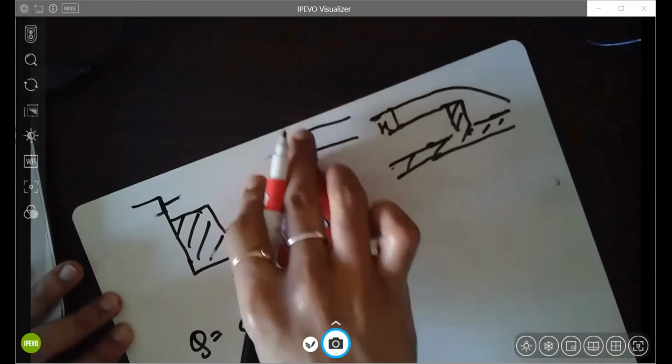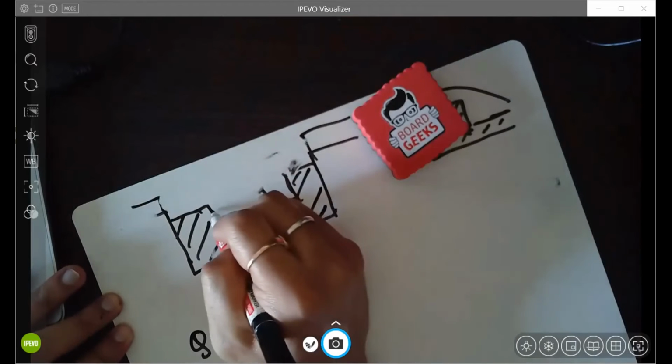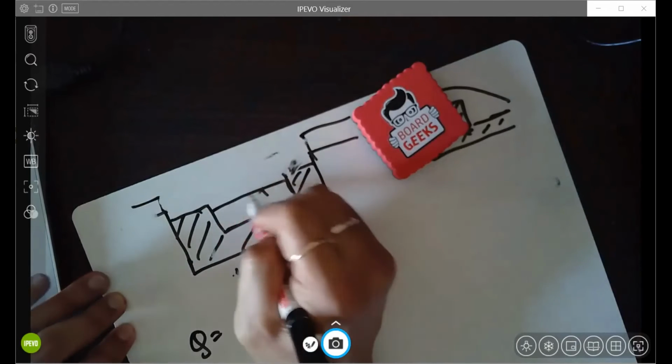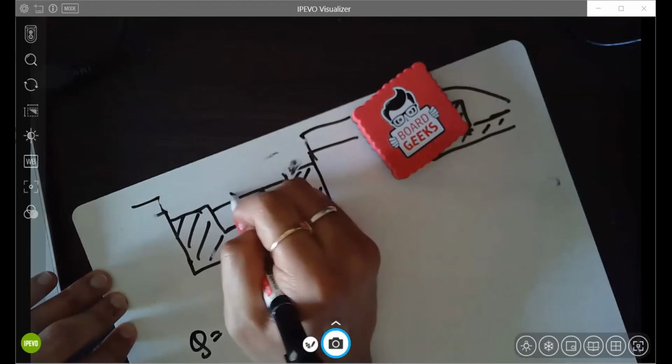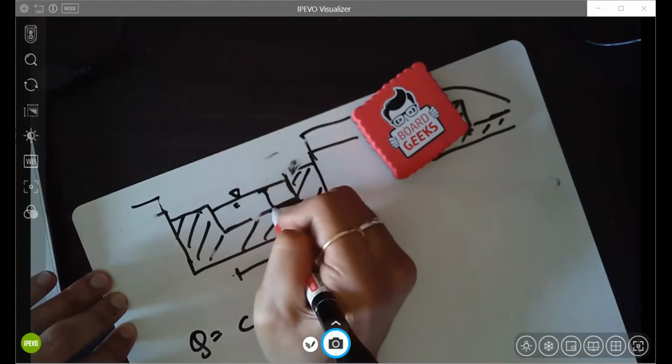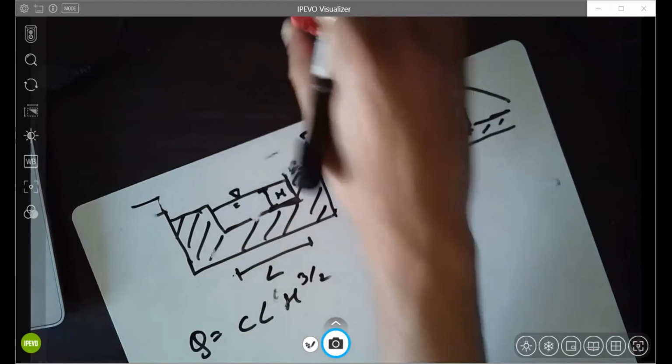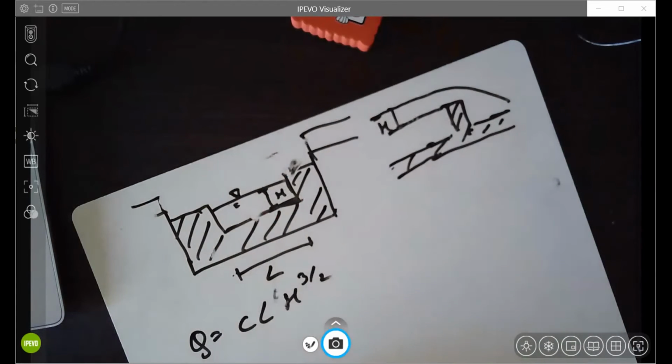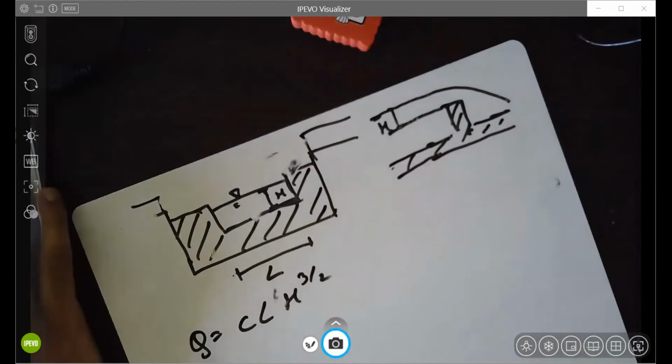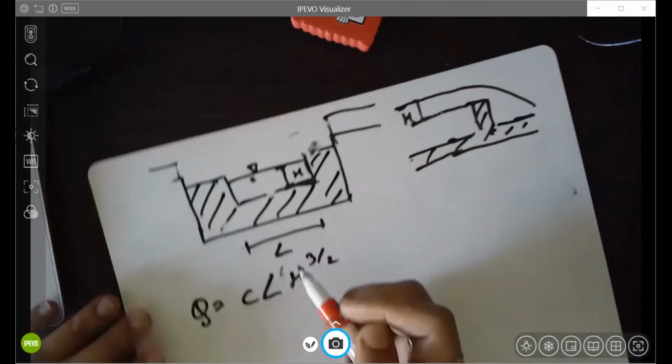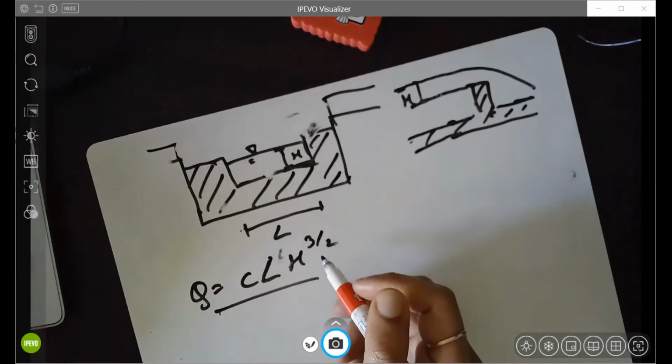Yeah, H is this. Sorry, it won't be like this. The water surface will be like this. So this is H. Okay, but this is the actual formula in ideal conditions.